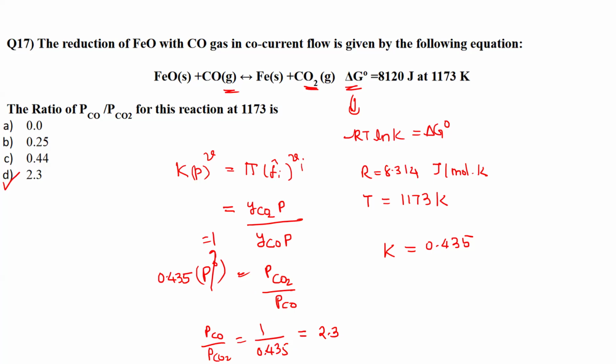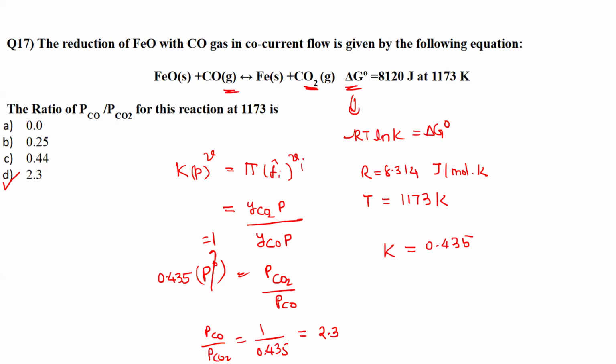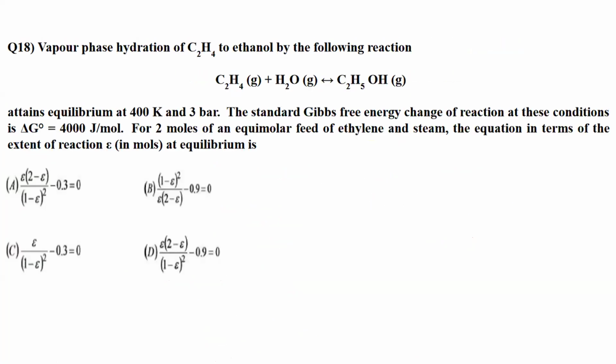Now we have come to heterogeneous reactions. Earlier it was all one phase reactions. Now we have gone for heterogeneous reactions also. Coming to the next question. Vapor phase hydration of C2H4 to ethanol by the following reaction attains equilibrium at 400 Kelvin and 3 bar.